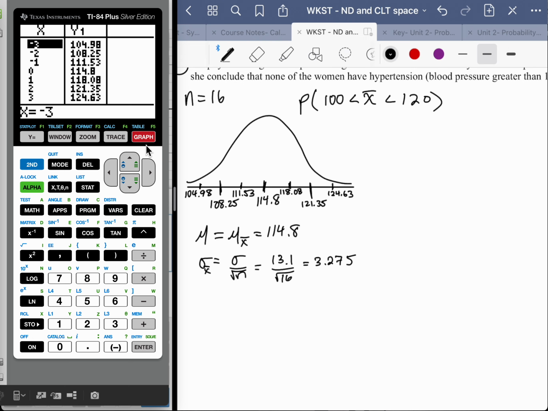I need a t distribution with degrees of freedom of 15. So again, t distribution. So I need the t value for when the x bar is equal to 100, and I need the t value for when the x bar is equal to 120. So 100 minus 114.8 over 3.275.